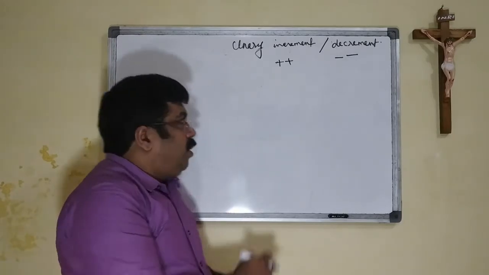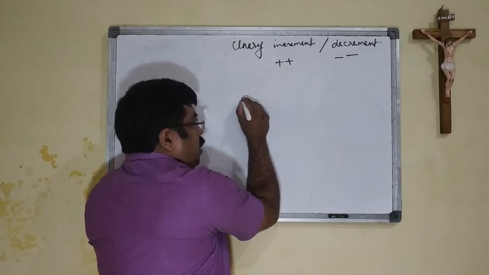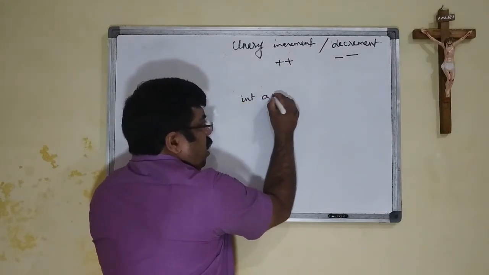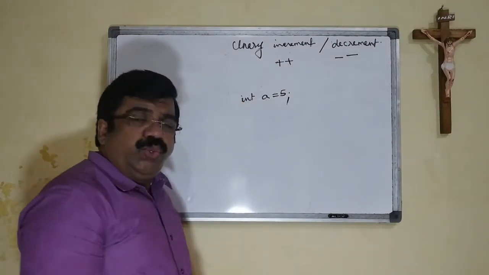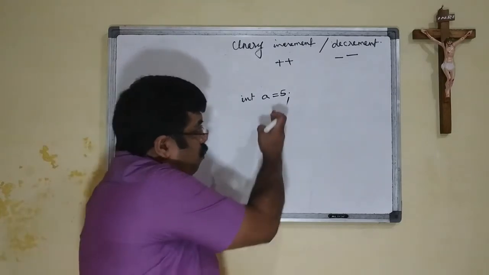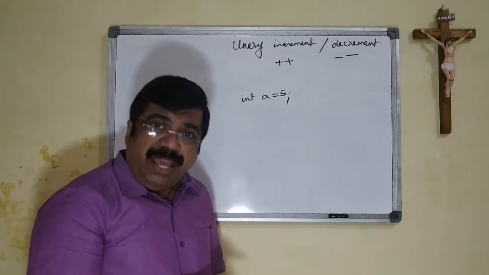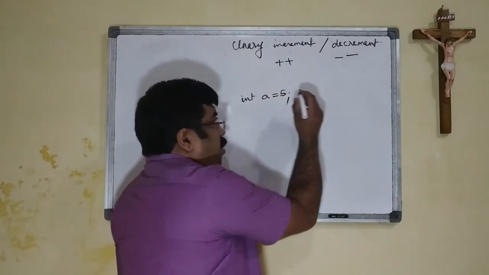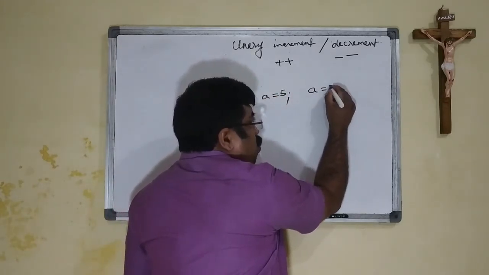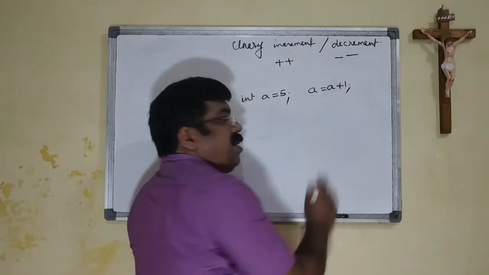That is, we have int a equal to 5. That is, a has got a value 5. To increment the value of a, we can give a is equal to a plus 1.